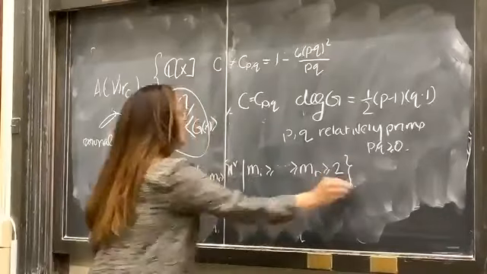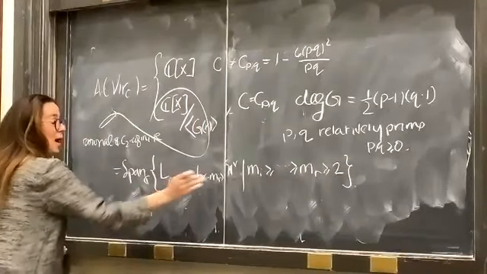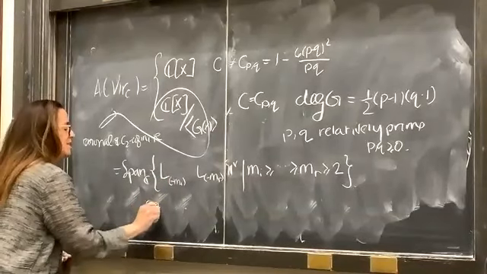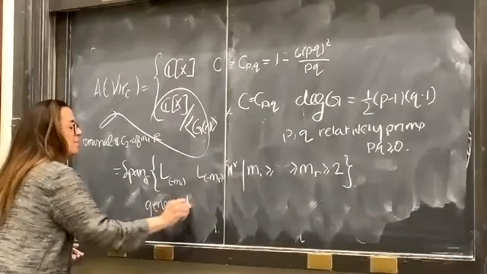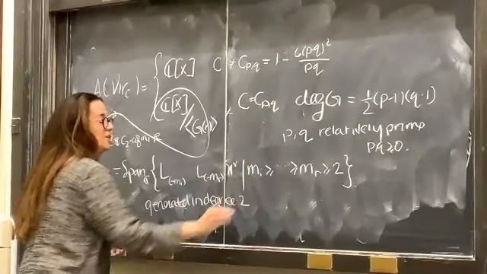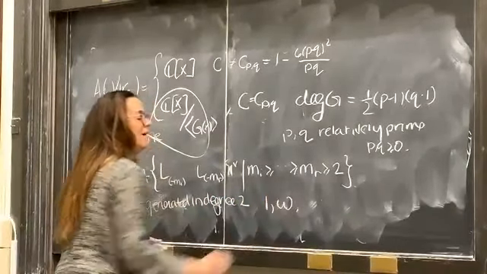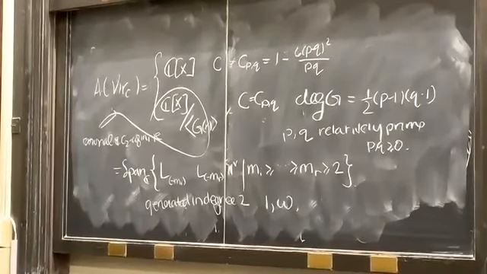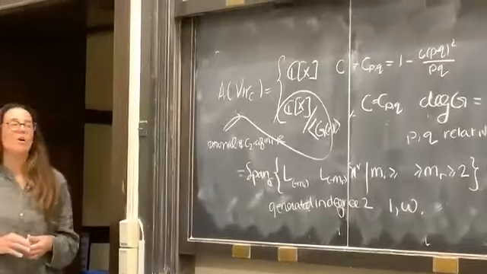So you have the degree 0 element, and then you have nothing in degree 1. This is generated in degree 2. So the generators are 1 and omega. Affine VOAs are all generated in degree 1, so they're all globally generated from V_0.